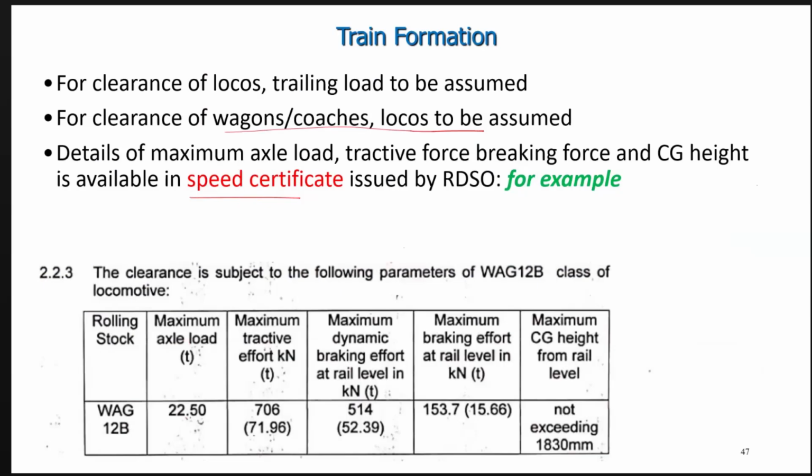One of the proforma I am showing is for WAG 12B, like rolling stock: maximum axle load, maximum tractive effort, maximum dynamic braking force, maximum braking force, and maximum CG. That data we will get from the speed certificate.